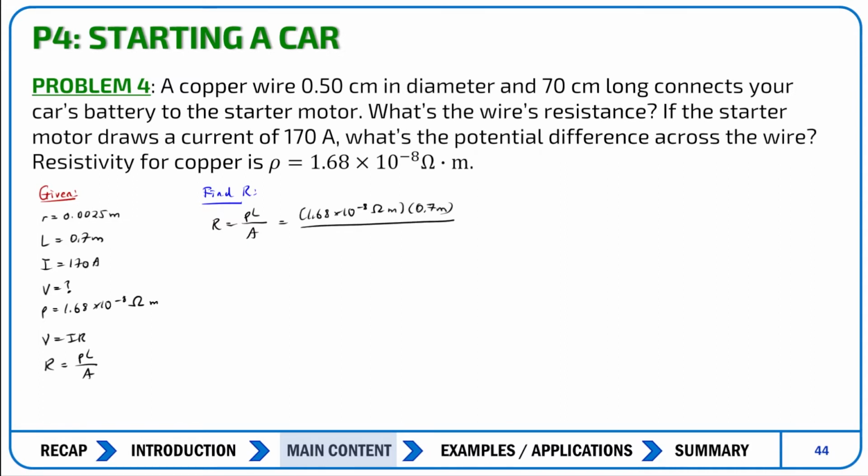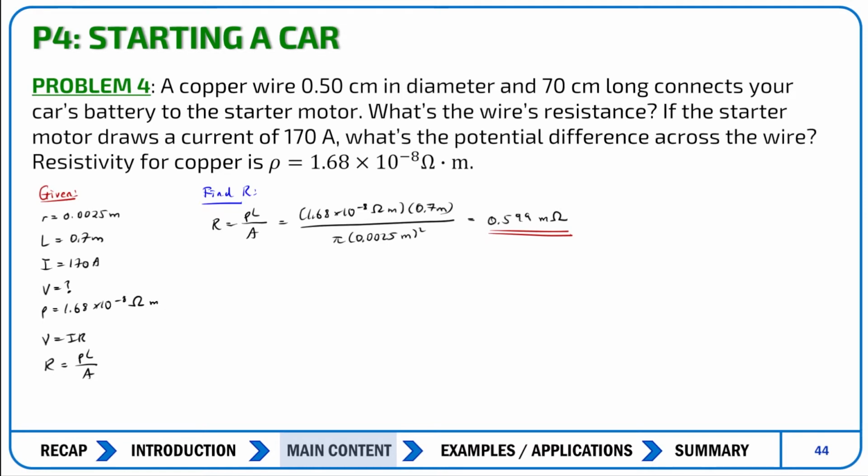A is then going to be pi times 0.0025 meters squared. And that gives us 0.599 milliohms. So that's the resistance.